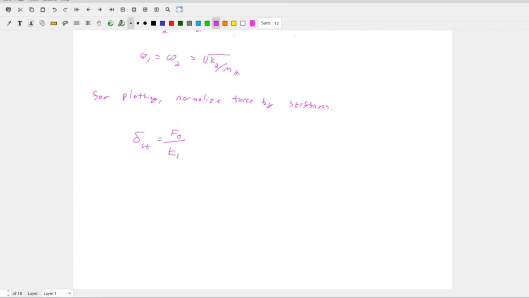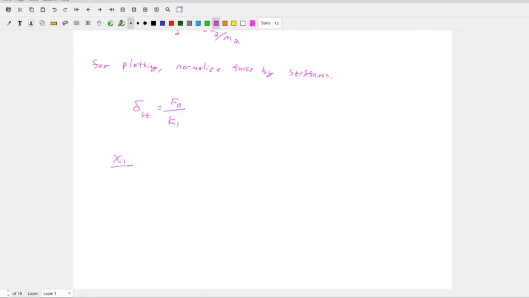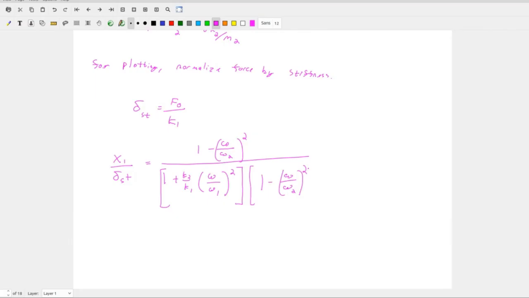So we can go ahead and play around with our two equations for x1 and x2, and that becomes x1 over delta st is equal to (1 minus (omega over omega 2) squared), over (1 plus k2 over k1 minus (omega over omega 1) squared)(1 minus (omega over omega 2) squared) minus k2 over k1.